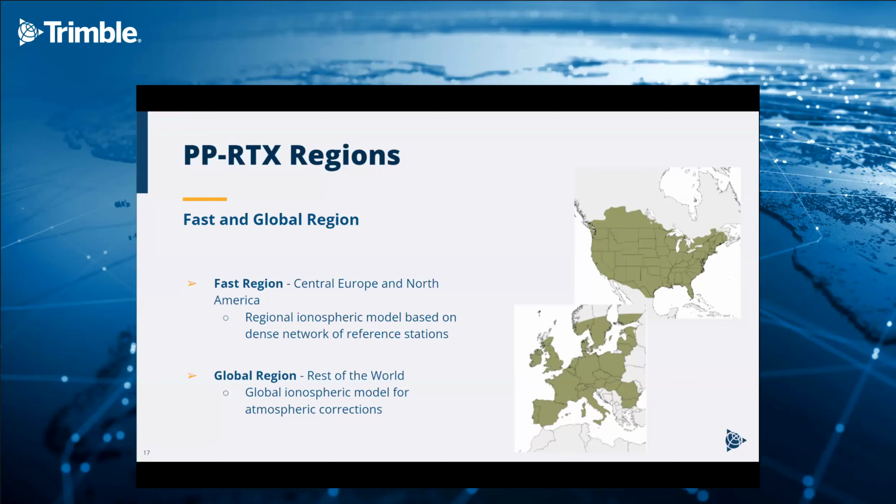Otherwise, it may take a little longer. However, I want to emphasize that the convergence time drives the minimum length of the rover data. So typically, you're good with 10 minutes of data in the FAST region, and you would also be good with 10 minutes of data in the global region if the BeiDou 3 satellite generation is on board. Otherwise, in the global region, you probably need 20 minutes of data to have a perfectly converged solution.